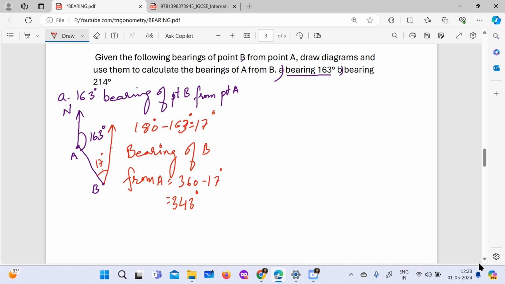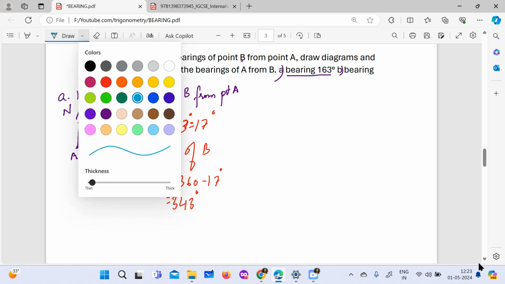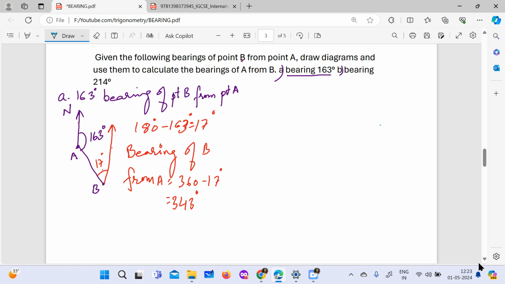Okay. Now let's see another part, B, where the bearing of B from A is 214. Okay, so I will draw this first. Bearing of B from A. So from A means this is A. We draw the north of A, and then it says that the bearing of B from A is 214.